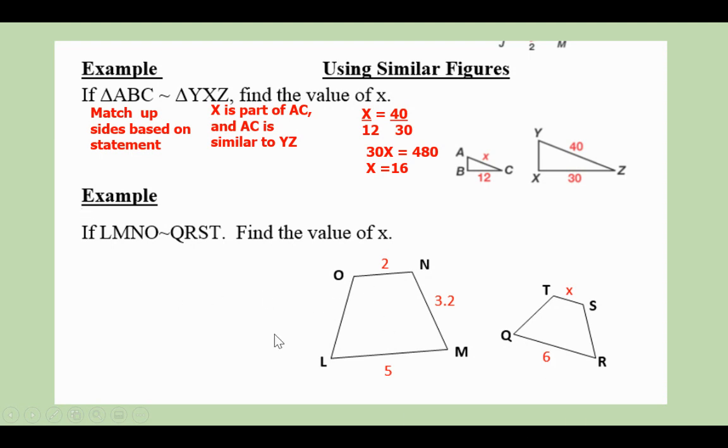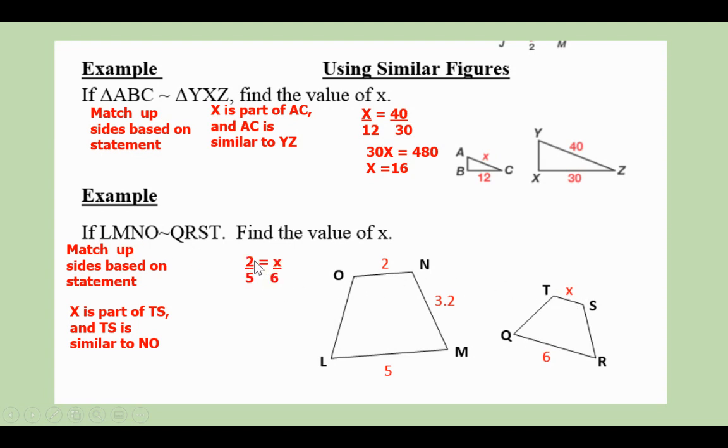Let's look at the next one. The next one's a little bit different because on the left figure, they give you three lengths, but on the right, they only give you two. This is a sign that there's going to be something extra we don't really need. They want you to find the value of x. Step one is to figure out what x is. x is part of ST. ST is the last two letters, and that's going to be partnered up with NO. So x and 2 are going to go together.